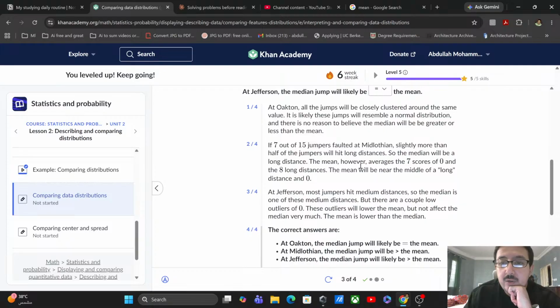The mean, however, reflects the 7 scores of 0 and the 8 long distances, so the mean will be in the middle of long distance and 0, while the median is the long distance.